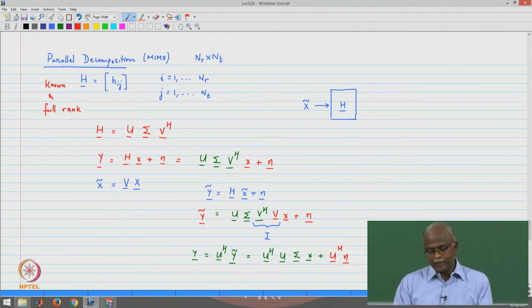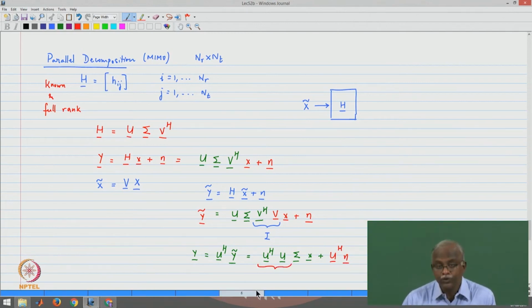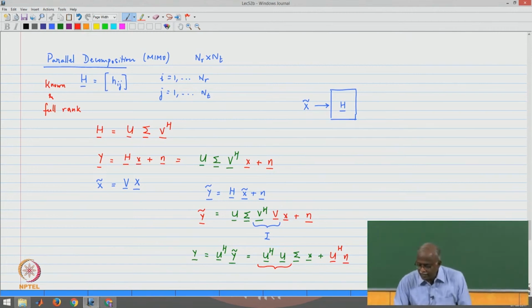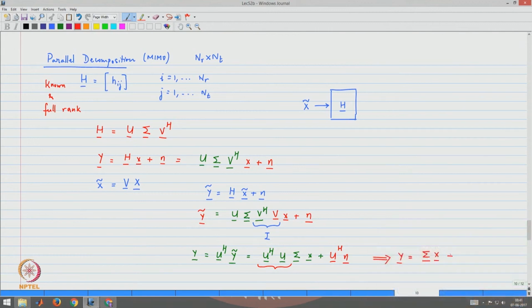So, that is the expression that we have. Now, notice that U Hermitian U is also a unitary matrix, so by the unitary matrix property that becomes an identity matrix. So, this gives me a result which is y is equal to sigma x plus U Hermitian times n.